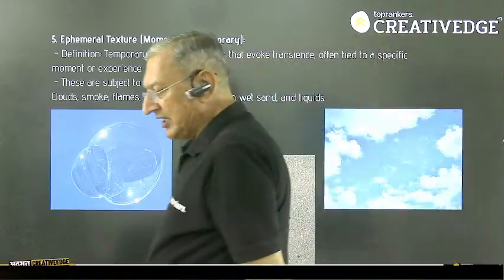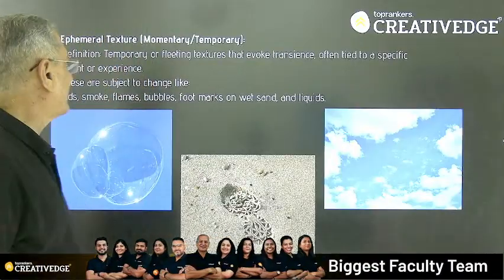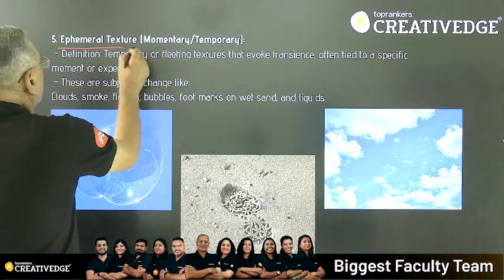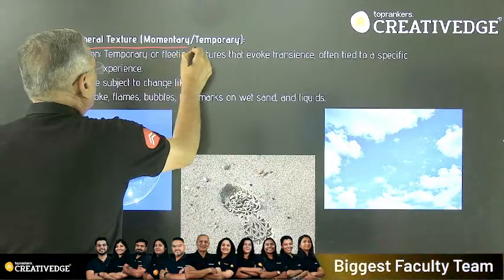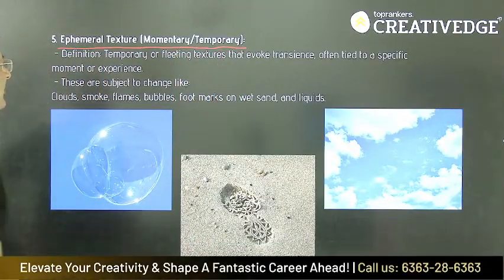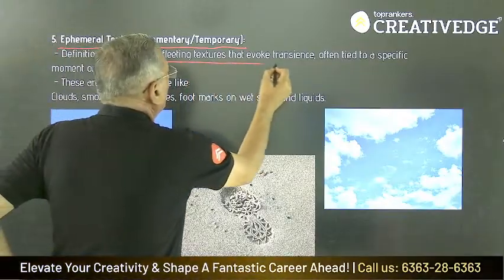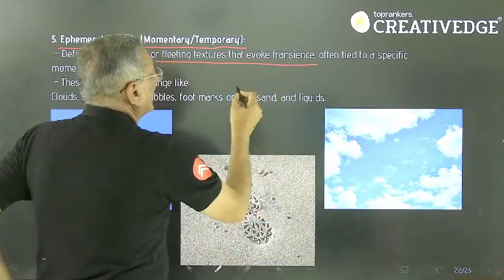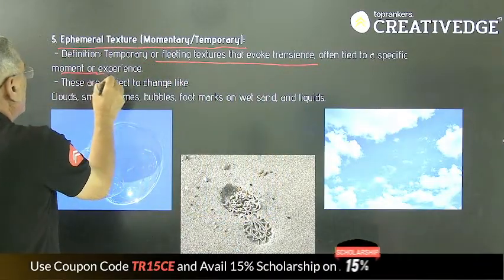Among the textures, there are some ephemeral textures also. That means momentary, temporary texture. Definition wise, temporary or fleeting texture that evokes transience, often tied to a specific moment or experience.